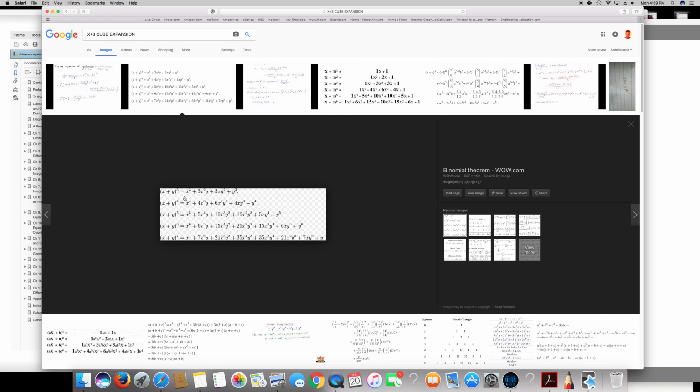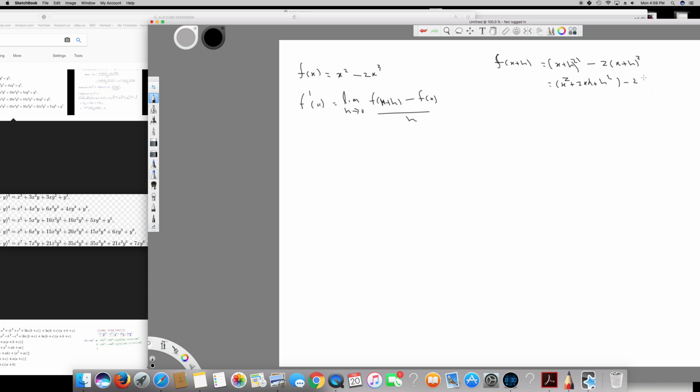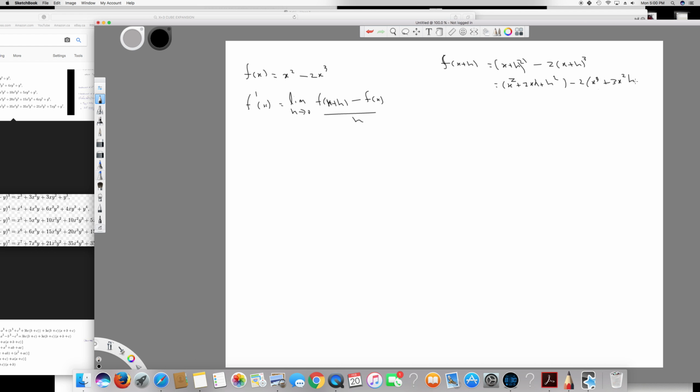So if I expand (x plus h) cubed, it's going to be x cubed plus 3x squared h plus 3x h squared plus h cubed.